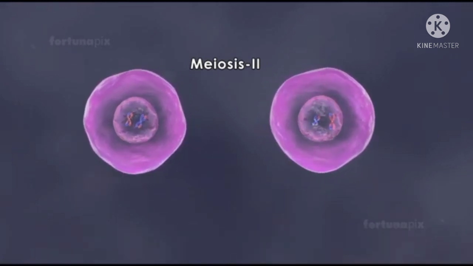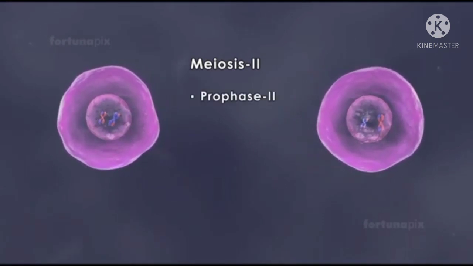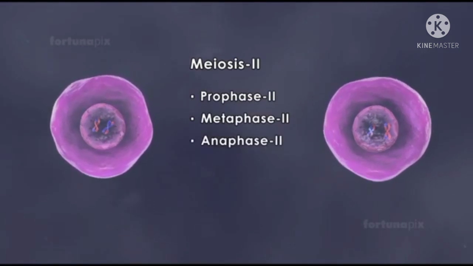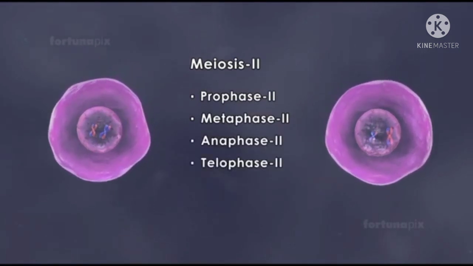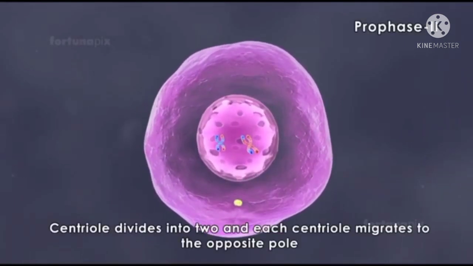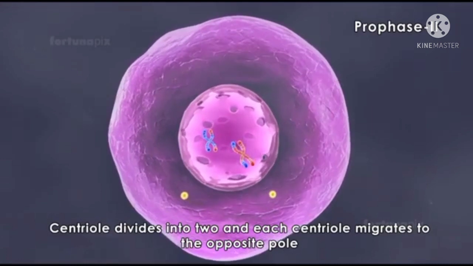Meiosis 2 is also divided into four stages. They are prophase 2, metaphase 2, anaphase 2, telophase 2. In prophase 2, the centriole divides into two and each centriole migrates to the opposite pole.